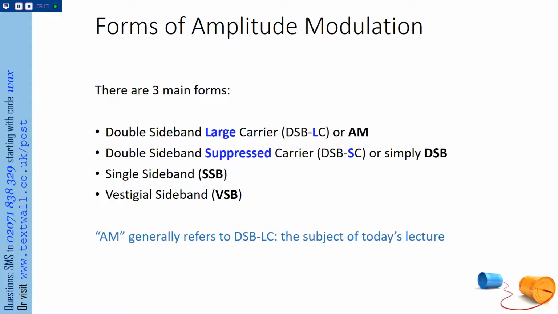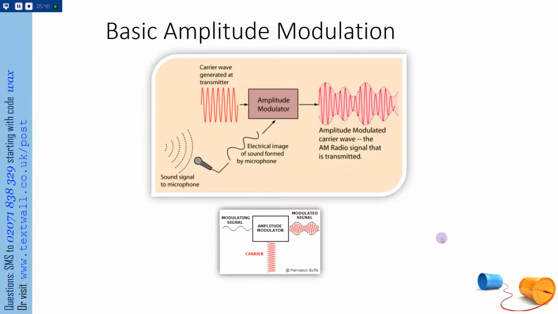If we don't have double sideband, we can have single sideband, or it's sometimes called suppressed sideband, but SSB, single sideband. We can also have double sideband without a carrier, DSB, SC. And there's also something called vestigial sideband, where you have a little bit of one sideband and you have a full second sideband. So we're going to be talking about AM or full AM today.